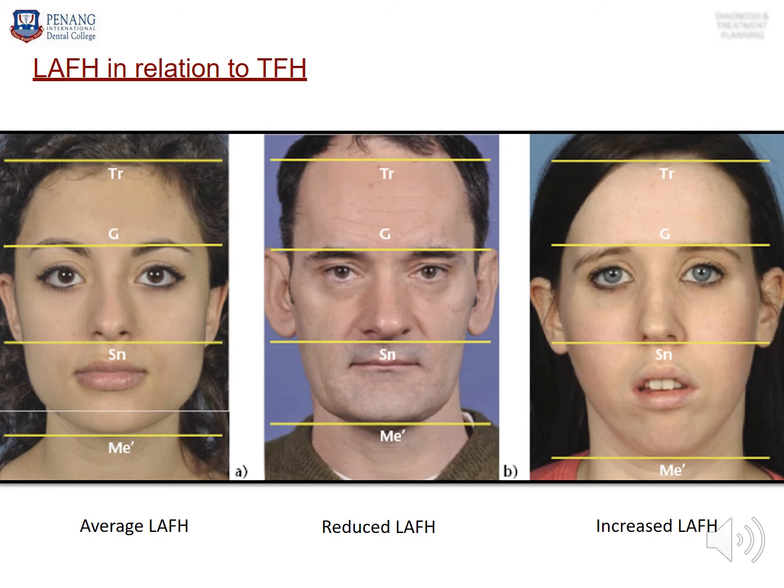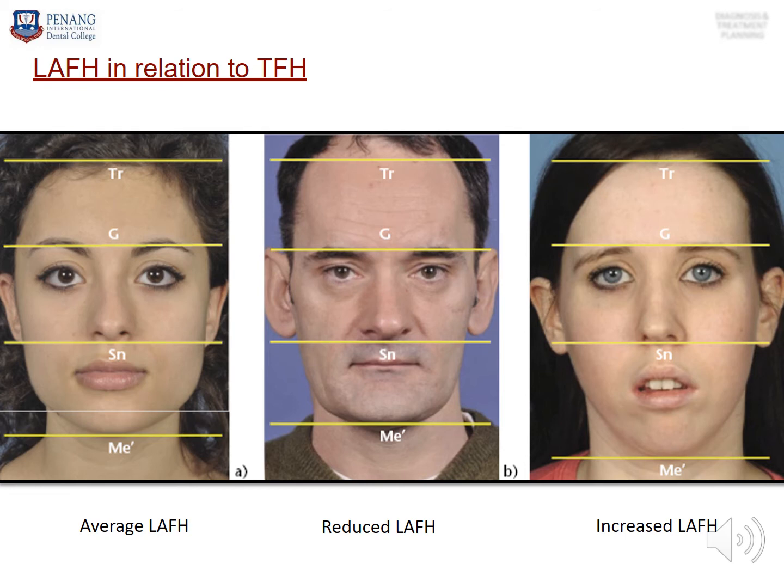So in the first photo, we can see that the lower third of the face is around average size between the middle part of the face and the upper part of the face. So this is what we call average lower anterior facial height in relation to the total facial height. And the middle photo shows that the lower anterior facial height is slightly reduced compared to the middle and the upper facial height.